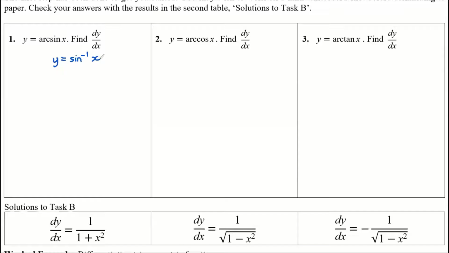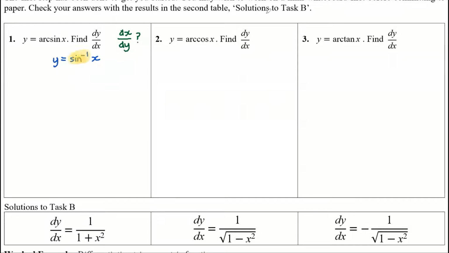But how does this bring in the dx by dy? I've given you a tip here that we're going to be using the special case of the chain rule where we're differentiating x with respect to y. So the question is, how does that appear in this question? Well, we don't really know much about this inverse sine here.